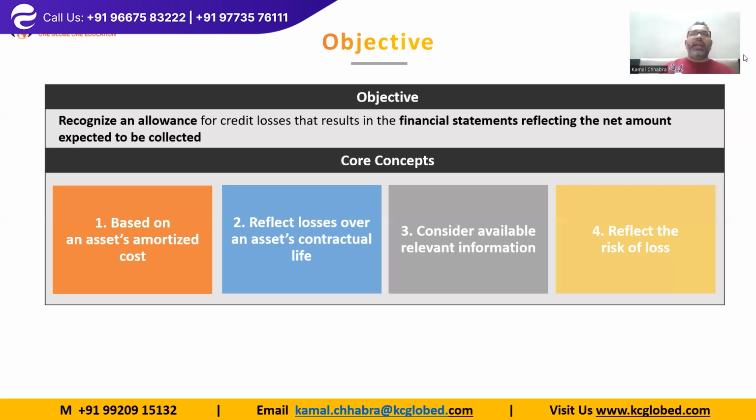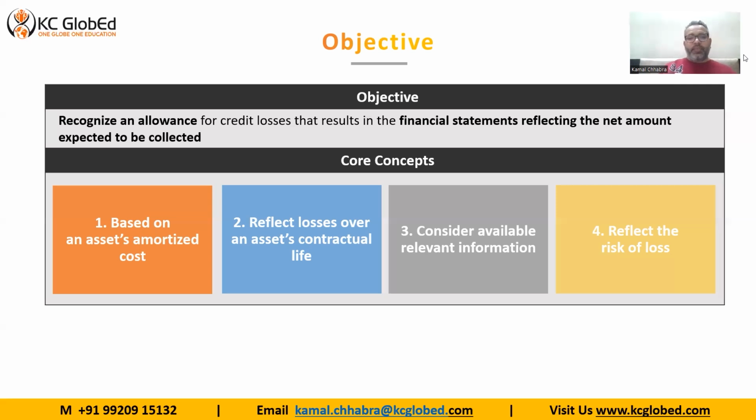You cannot ignore any relevant information when you are estimating expected credit loss, because expected credit loss is an estimation. This is not an actual loss. This is an estimated loss. So when you are estimating anything, it is your primary responsibility to consider all the relevant information available at the time of making such estimation.